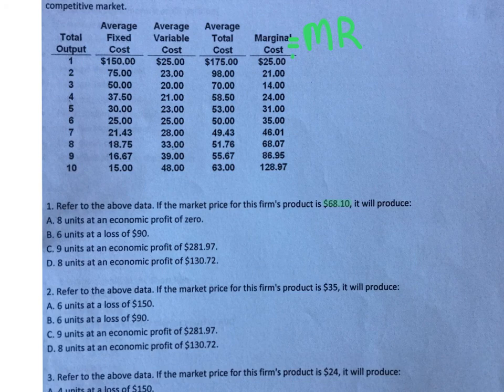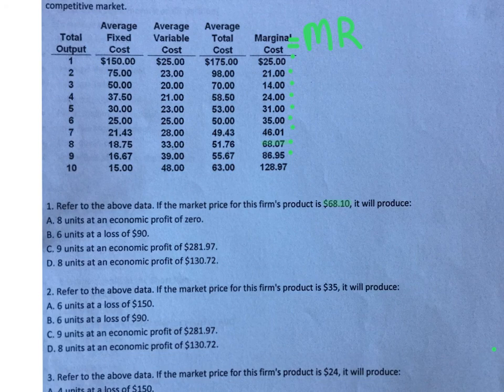As we look down this list, you can see, nope, not to 68.10 yet. Still no. Okay, 68.07, that might be it. If we go one more step, we can see marginal cost is greater than 68.10 there. And so the answer that we're looking for is what is closest to the marginal revenue price without going over. So 68.07 is going to be where we produce.